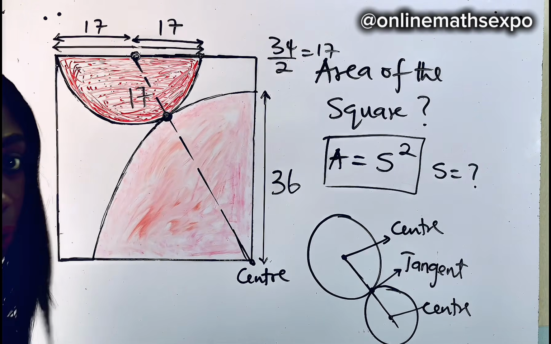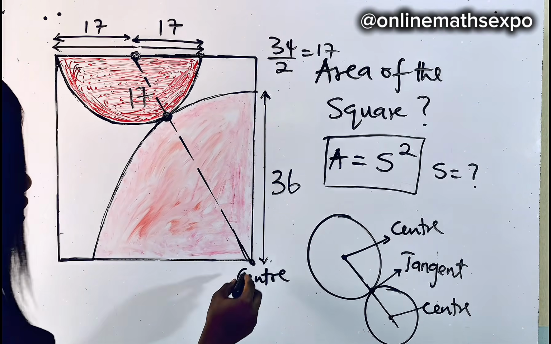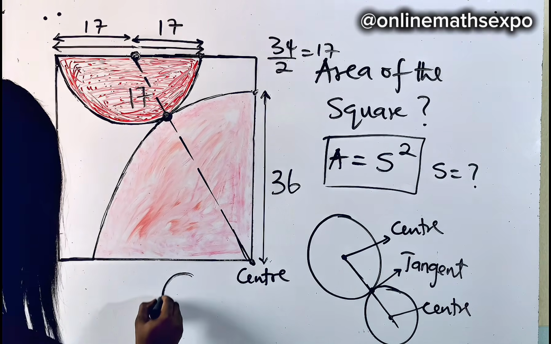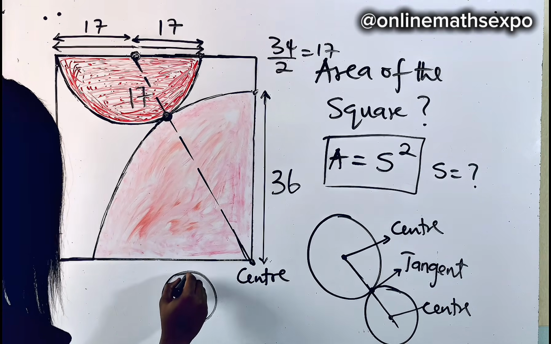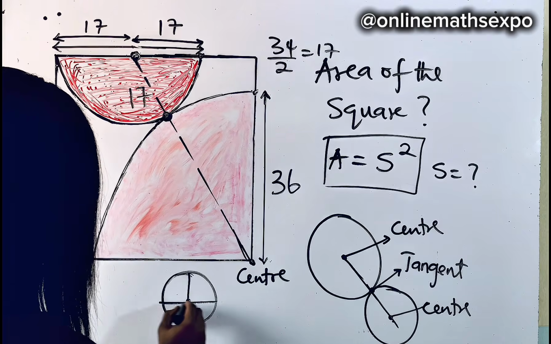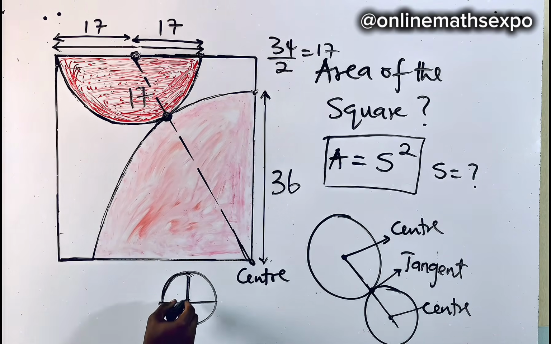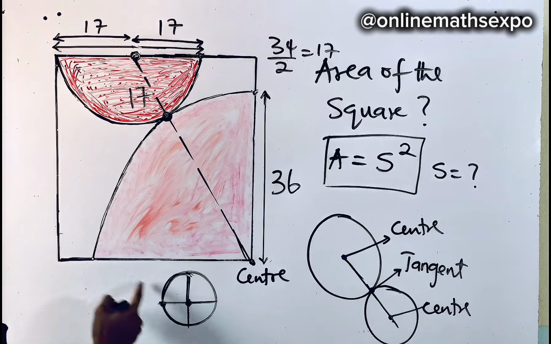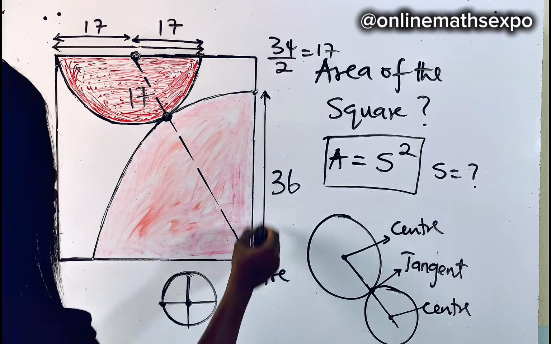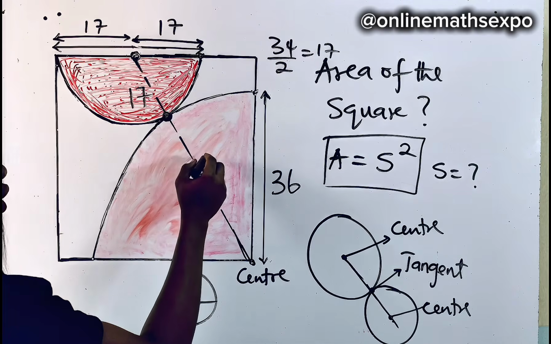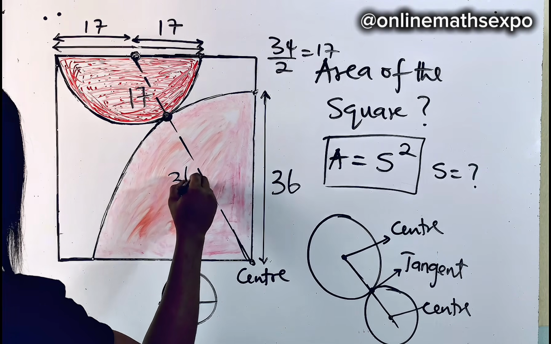Now, if you go to the quarter circle, from here to here is the radius, because if you divide a circle into 4 parts, this part is what we have in the question. From the center touching this arc gives you the radius. So from here to here being 36, automatically this line is also 36. So this is 36 units.